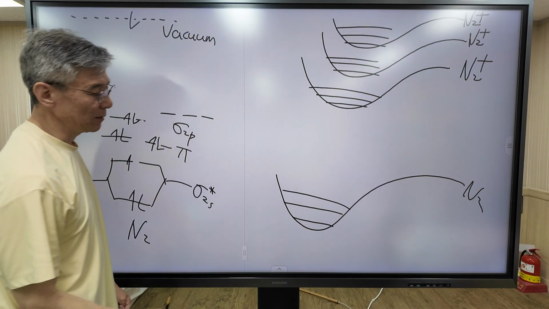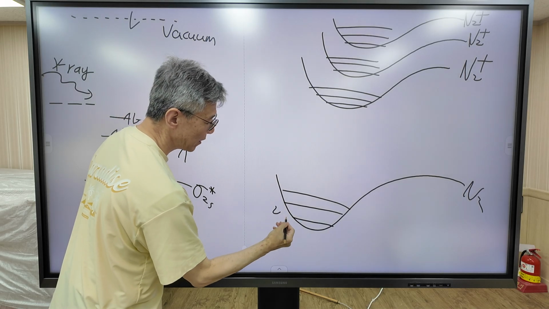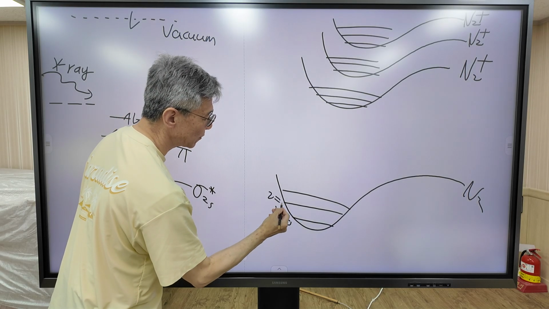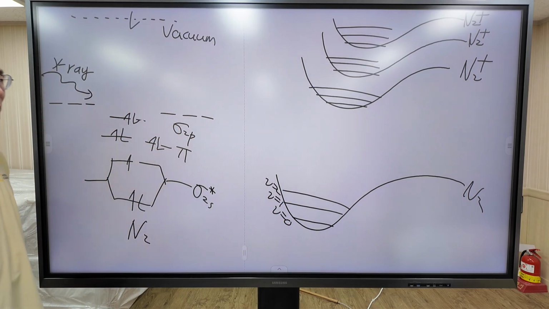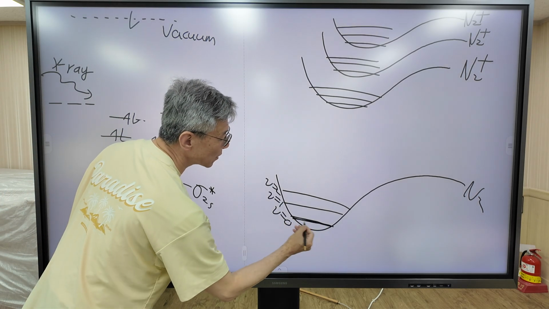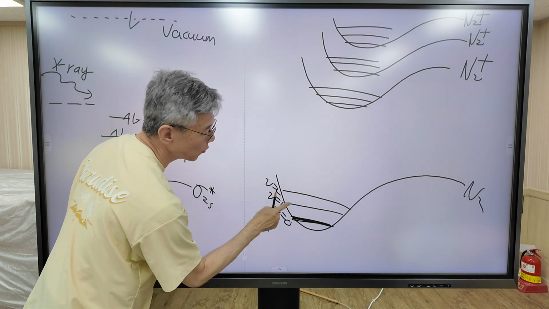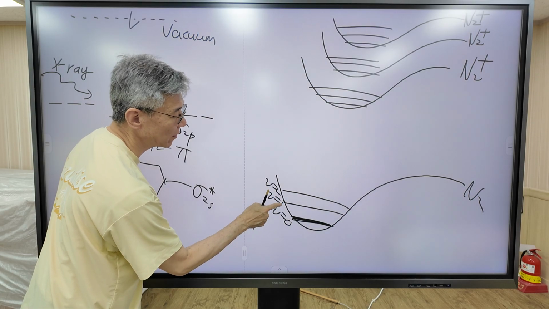In principle, in the ground state, the molecule can be in V equal 0, 1, 2. But according to Boltzmann statistics, virtually all the molecules are in the V equal 0 state. There is almost no probability that the molecule is in V equal 1 or V equal 2.